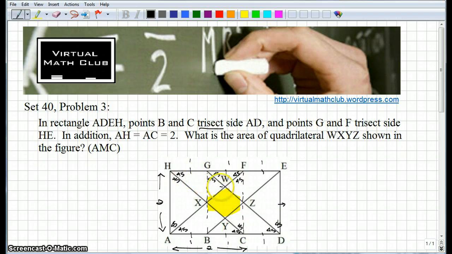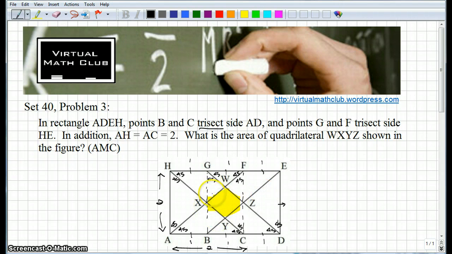And you can see that this diagonal here, to go from A to F, we would go up 2 and over 2, or over 2 and up 2. So in the same way here, for this diagonal BE, to get from B to E, we go up 2, over 2.